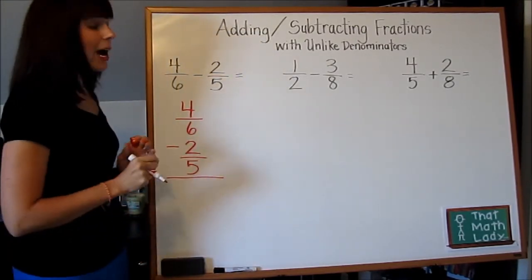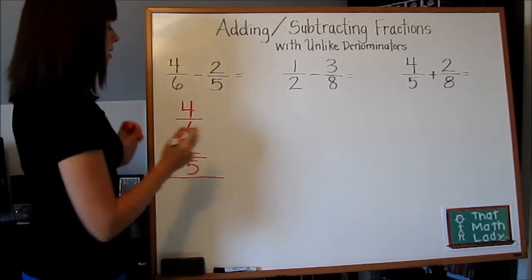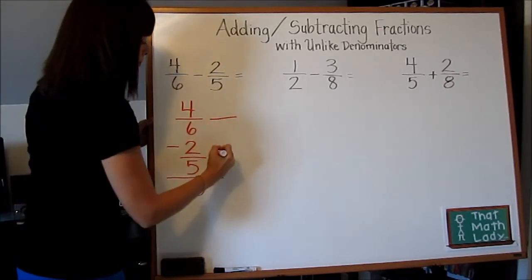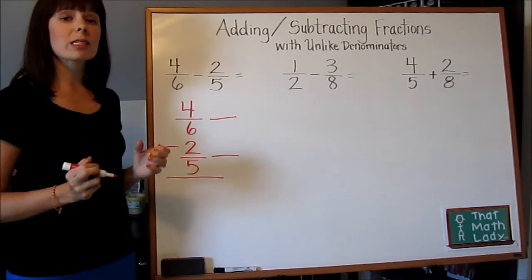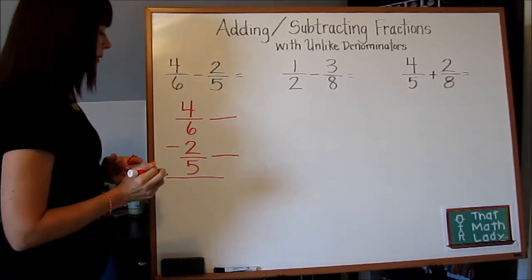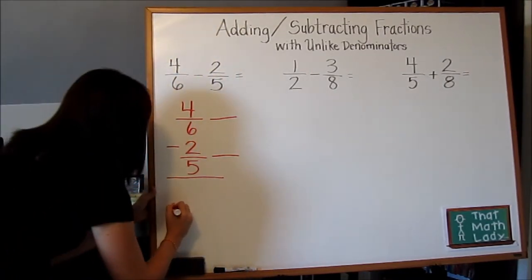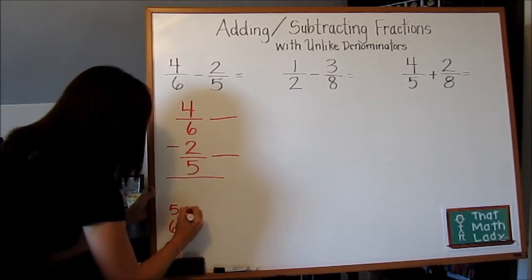Next thing I have to do is find a common denominator. And to find a common denominator, I have to think of my lowest common multiples. So I'm going to write out my multiples of 5 and my multiples of 6.